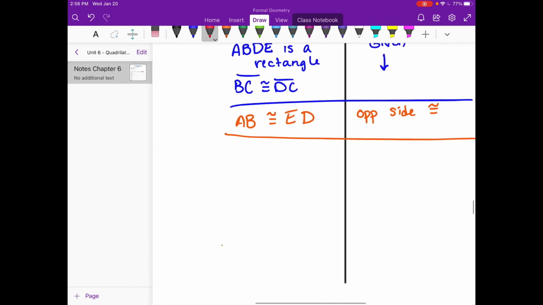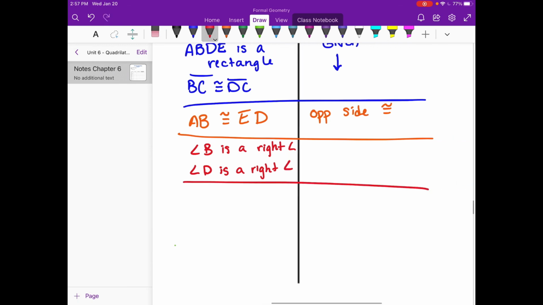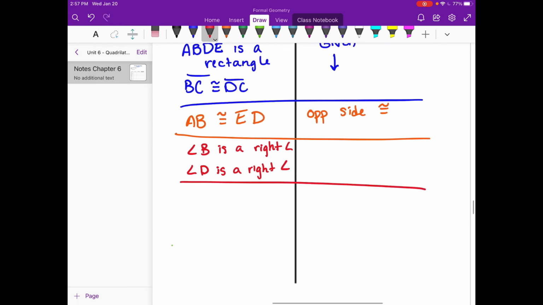Angle B is a right angle, and angle D is a right angle. And that is a property of rectangles. So I'm just going to put rectangles have right angles.